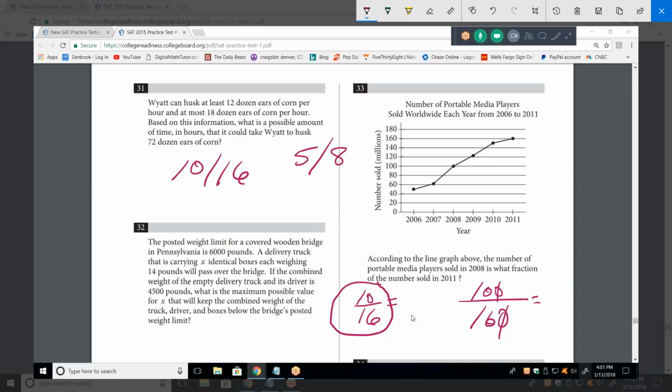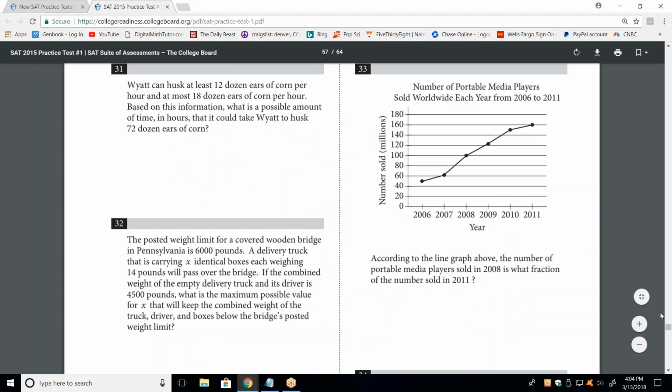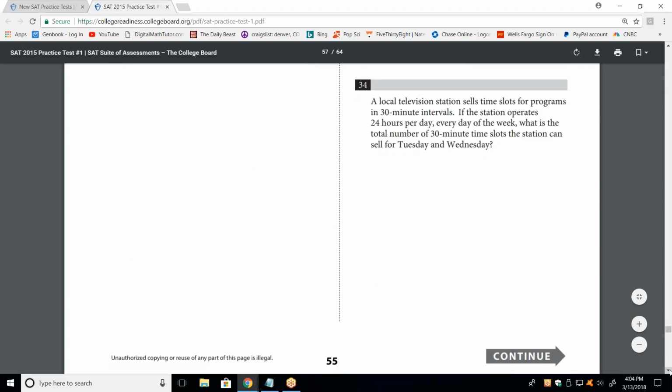And it's also 0.625, I believe, is the decimal for that fraction. So any of those three, but oddly enough, they do not make you simplify. One of the few times in math where they accept a non-simplified fraction.